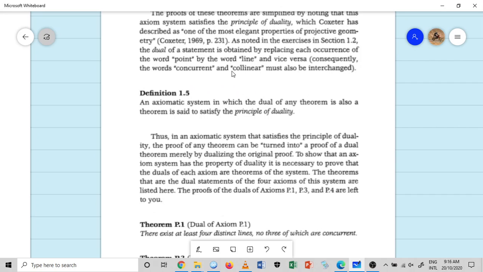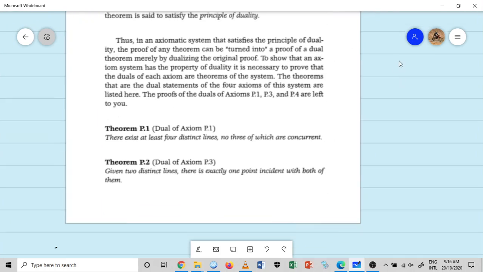When we talk about points, we say collinear, but points in its dual become lines, so these lines would be concurrent instead of collinear. And vice versa.